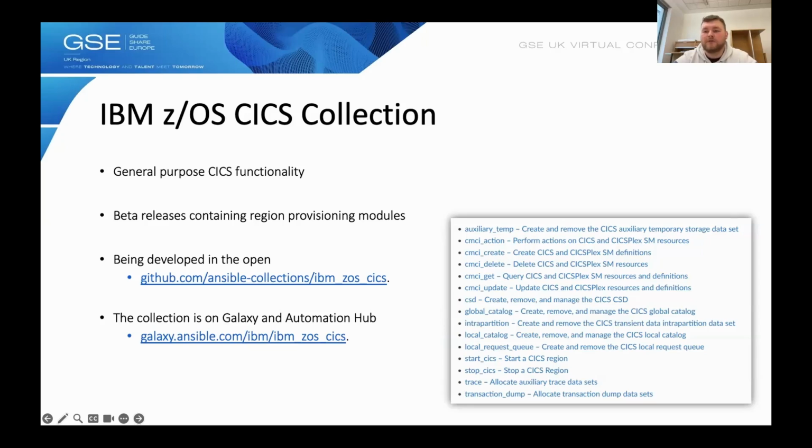The other half is fully released, which is the CMCI modules, which are used to get, update, and delete CICS resources via the CMCI API. So it's a way of driving the CMCI HTTP API, that's a lot of acronyms, using Ansible. Again, it is open source, and you can get both the fully released collection and the betas on Ansible Galaxy.